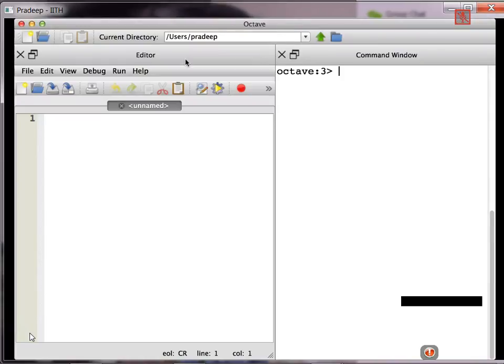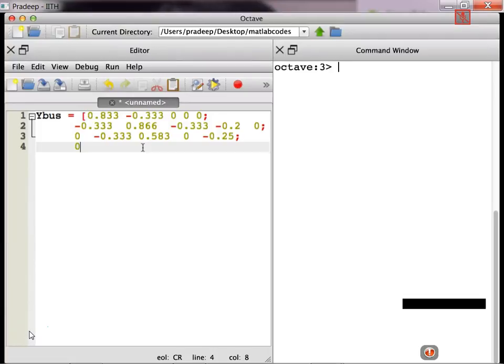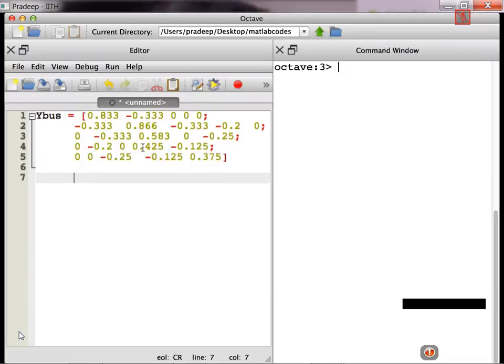So let me just set. This is my fourth row: 0, minus 0.2, 0, 0.425, minus 0.125. And what is my last row? 0, 0, minus 0.25, minus 0.125, 0.375. So this is my Y bus.